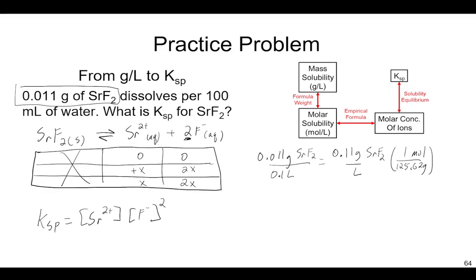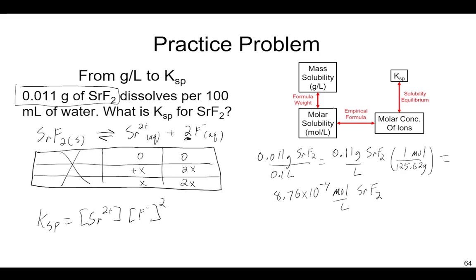So 0.11 divided by 125.62 gives me 8.76 times 10 to the negative 4 moles per liter. That is the molar solubility of SrF2.